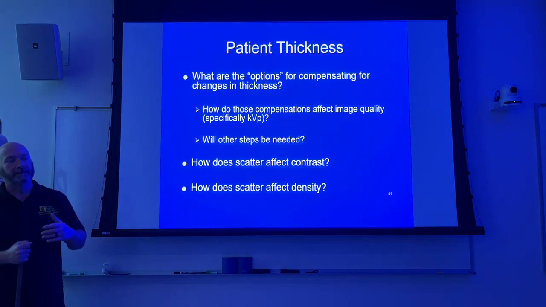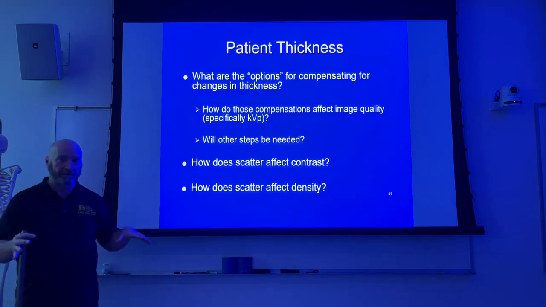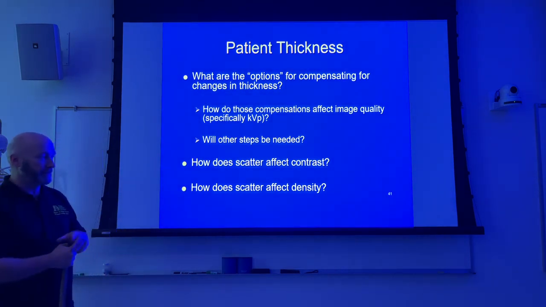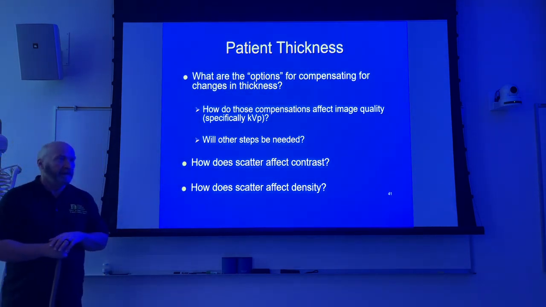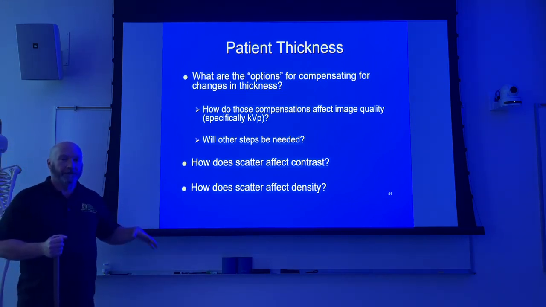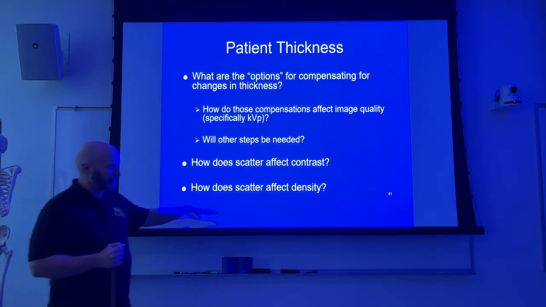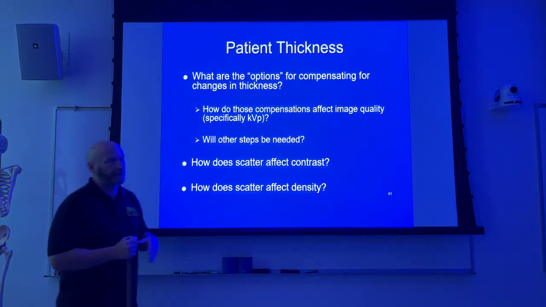As scatter increases, it lays down a layer of density on the image receptor. That's number one. So an increase in scatter should, you would think, increase the image receptor exposure, and just substitute density for image receptor exposure here.